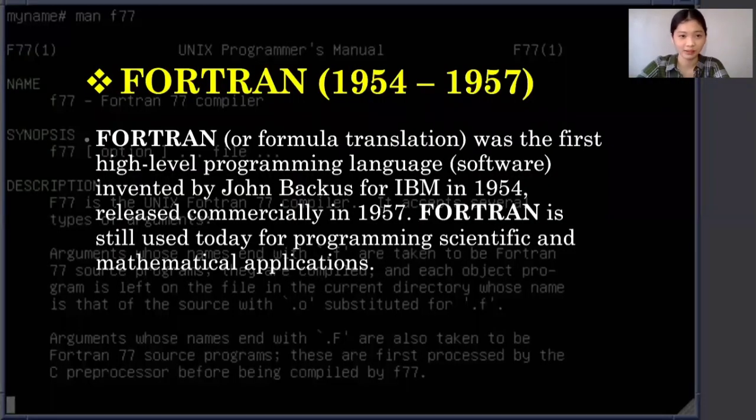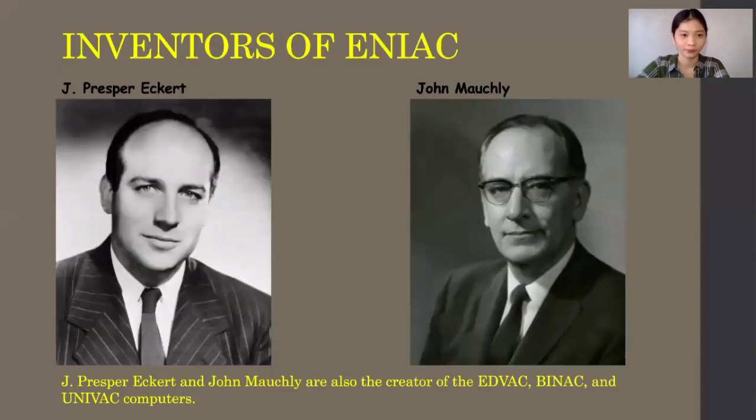Lastly, we have Fortran in year 1954 to 1957, or Formula Translation, was the first high-level programming language software invented by John Backus for IBM in 1954, released commercially in 1957. Fortran is still used today for programming scientific and mathematical applications.